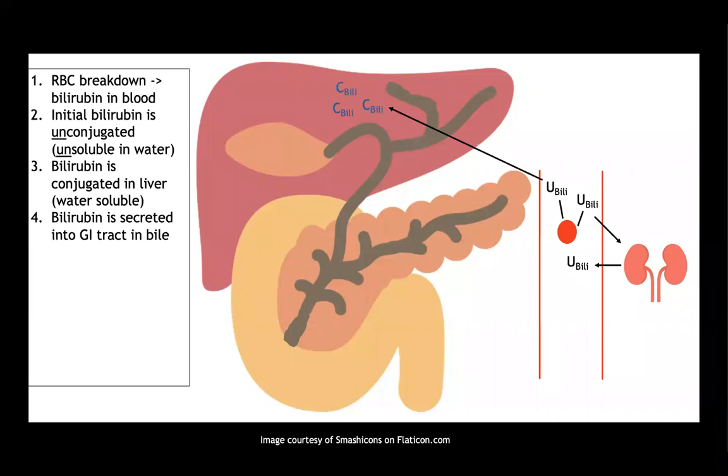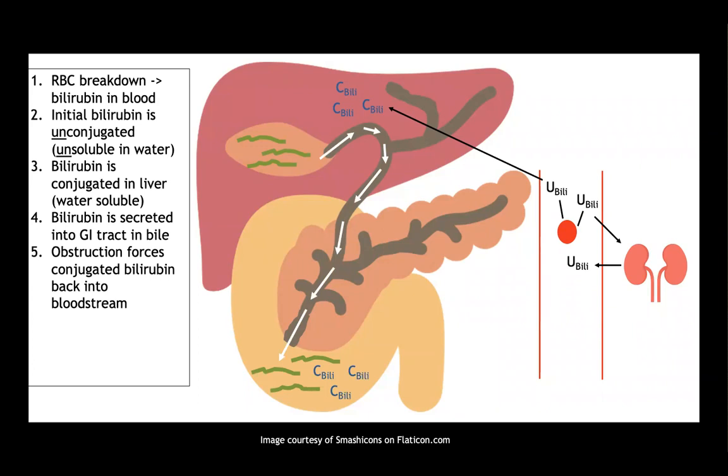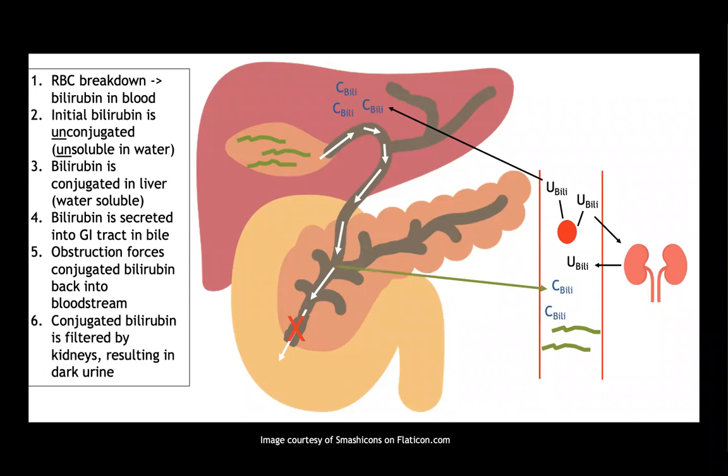And then that conjugated bilirubin is a component of our bile, as we've discussed, and this can get secreted into our GI tract. And so that conjugated bilirubin is now in our gut. And ultimately, that's how you get rid of it. But if we have an obstruction, like we just talked about, what's going to happen is all that conjugated bilirubin now can get into our bloodstream. And this conjugated bilirubin is able to get filtered by the kidneys, and that'll result in dark urine.